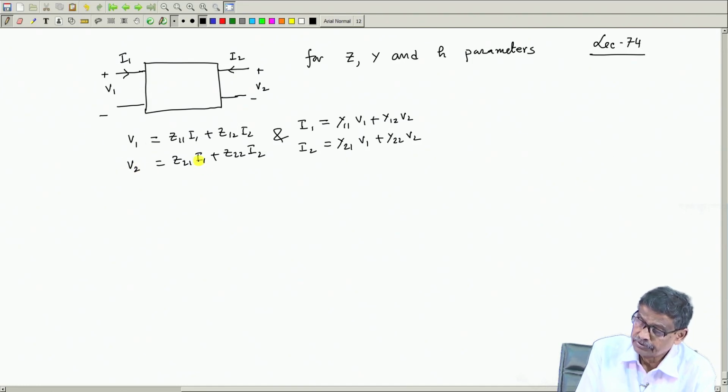So, this is about Z and Y parameters, and we have also discussed H parameters.